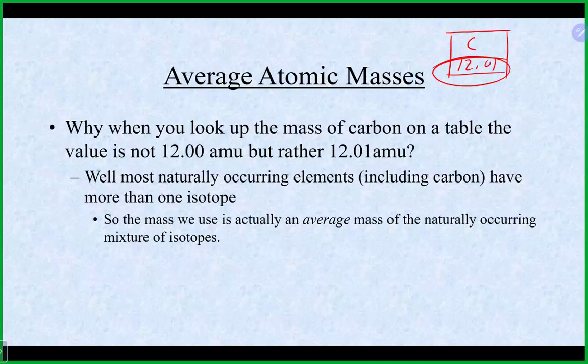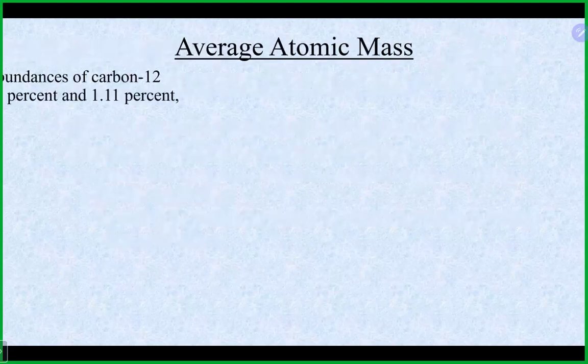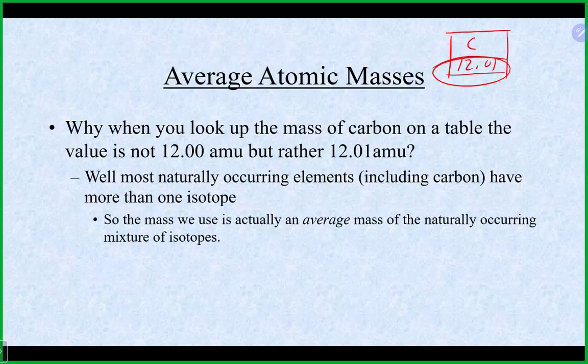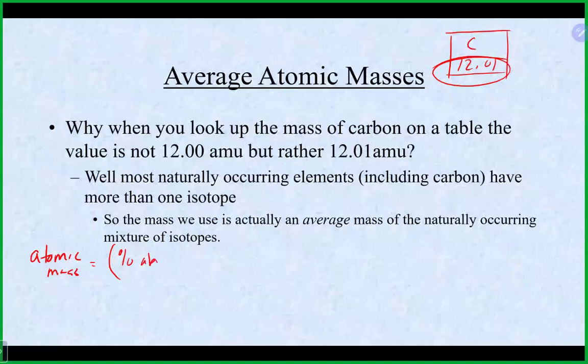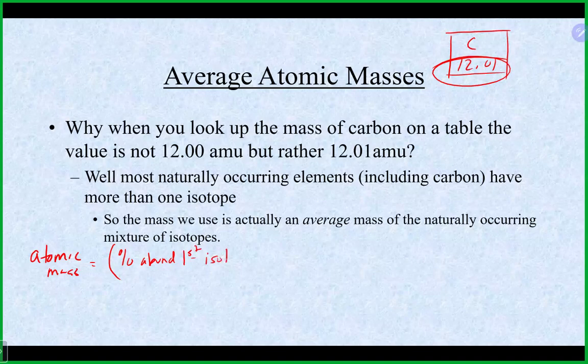One of the ways that we could calculate atomic mass is through this formula. We could figure out the mass by taking the percent abundance of the first isotope. Remember, an isotope is the same element but has a different mass, a different number of neutrons.